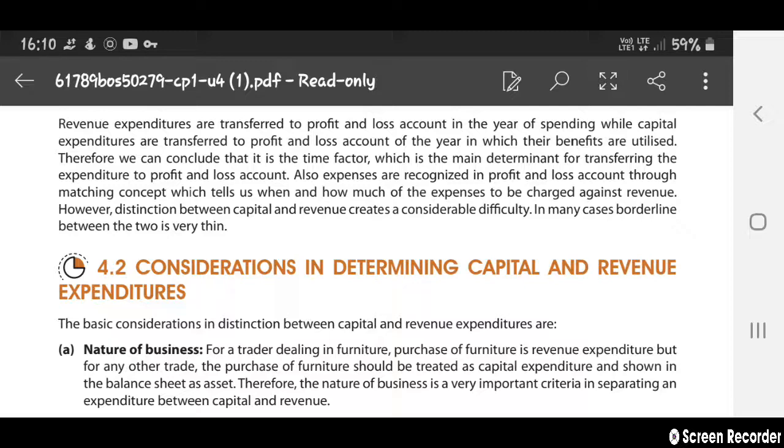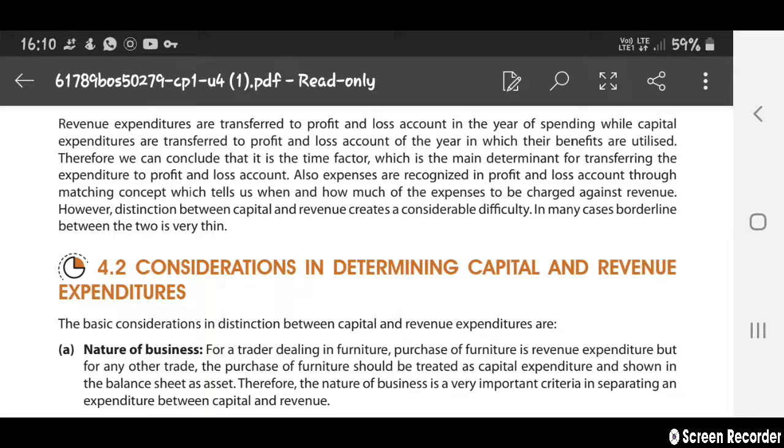Therefore we can conclude that the time factor is the main determinant for transferring expenditure to the profit and loss account.